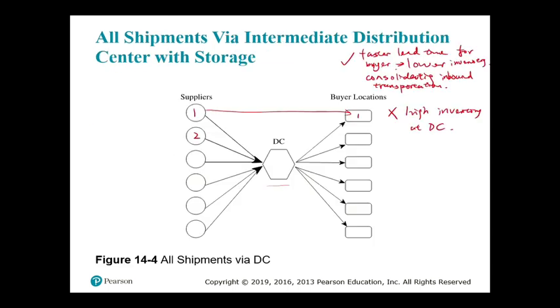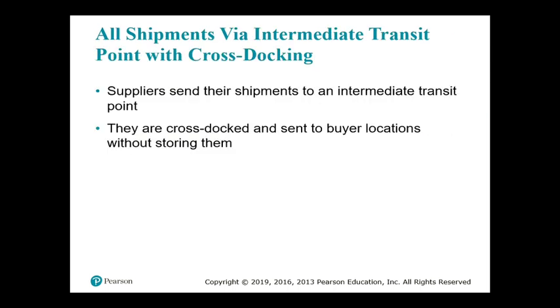A slight modification of this infrastructure is, instead of a DC, I have just a cross-docking facility. So it doesn't hold inventory. Comparing cross-docking facility to DC, the main features are the same. The only difference is, one, it eliminates the need to store inventory, so that's a benefit.